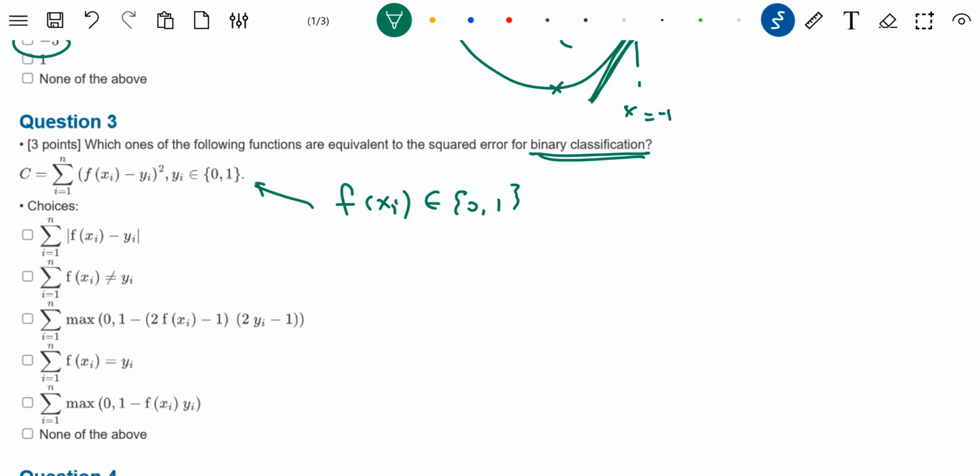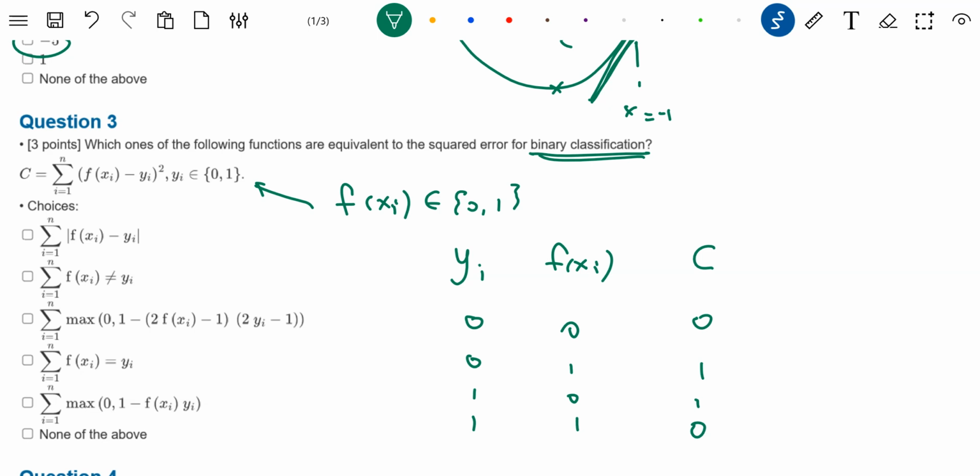But in any case, we just have 4 cases: the actual label and the predicted label. So there are 0,0; 0,1; 1,0; and 1,1. In all 4 cases, you compute the cost, which should be, if they are the same, 0. If they are different, then there's a mistake of 1.